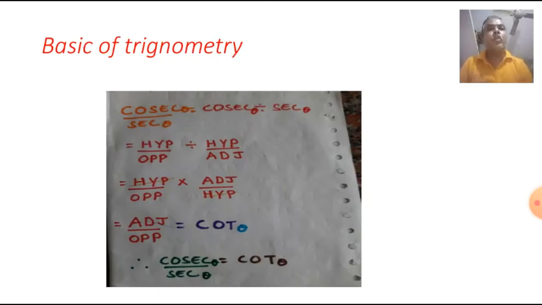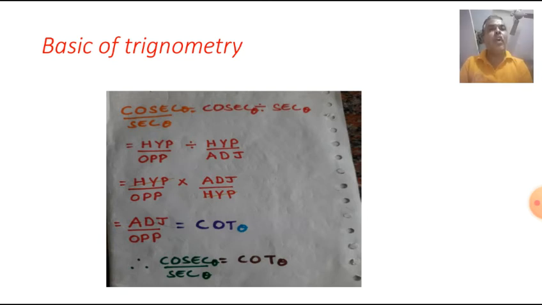Here cosecant theta by secant theta. What is cosecant theta by secant theta? What we get? Cosecant theta divided by secant theta. Cosecant theta is the ratio between hypotenuse and opposite divided by secant theta is the ratio between hypotenuse and adjacent.